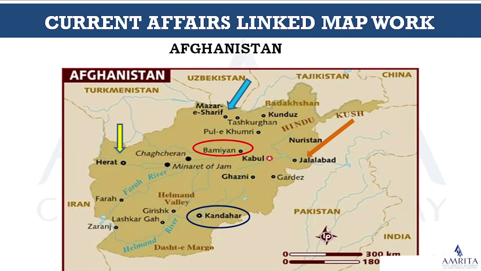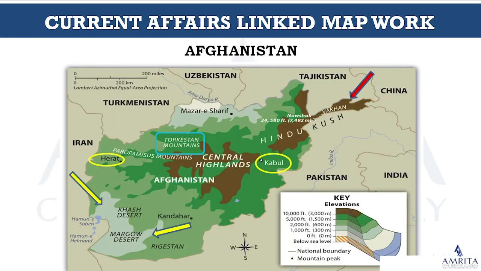Then Ghazni, see here, that is the physical map of Afghanistan, that is you can see Hindu Kush and Central Highlands. So this place, two places, that is Herat and Kabul on either side of these highlands. Kabul is in the east and Herat is in the west. Then some desert regions, that is Kash Desert and Margro Desert in the south.